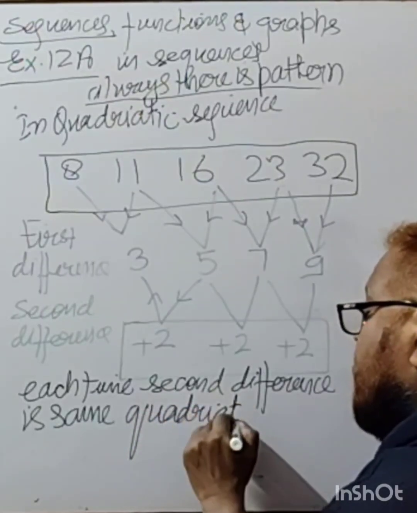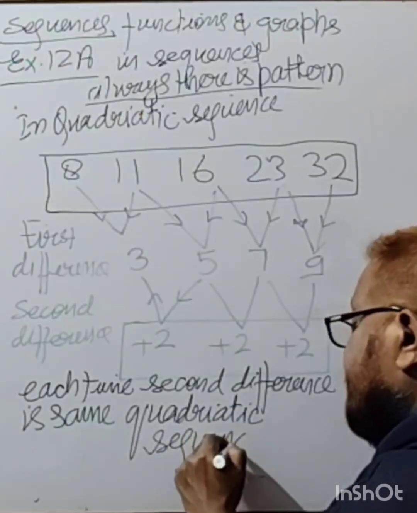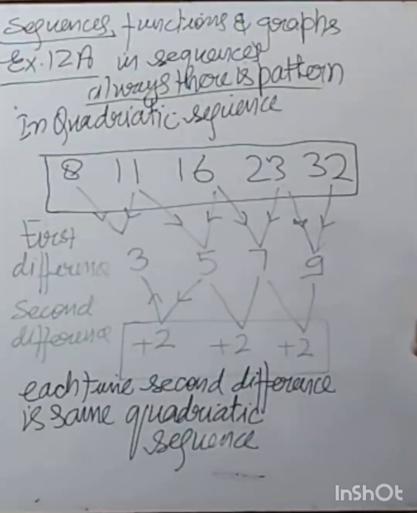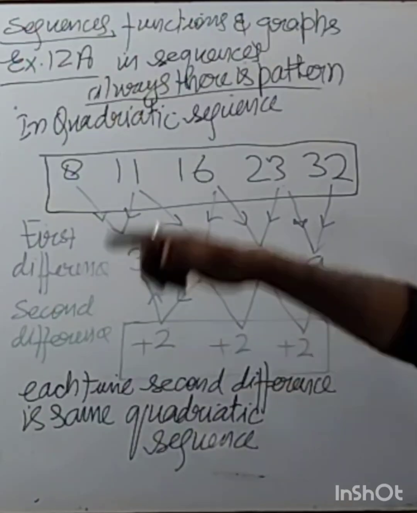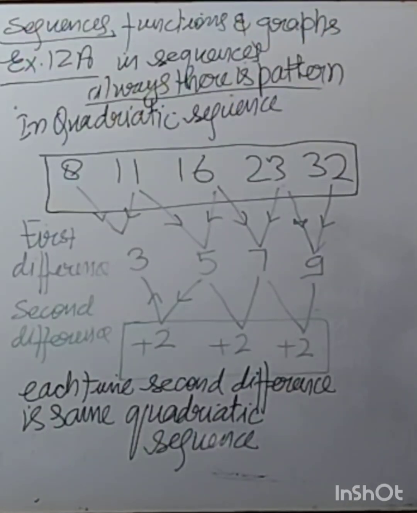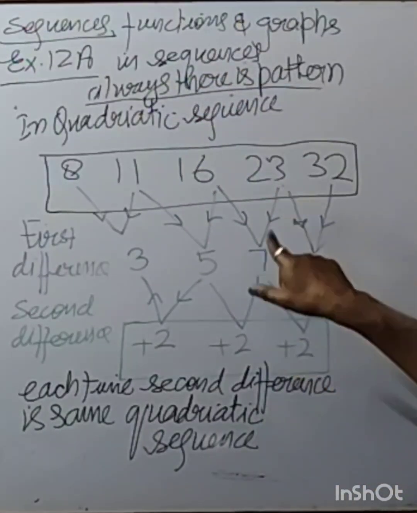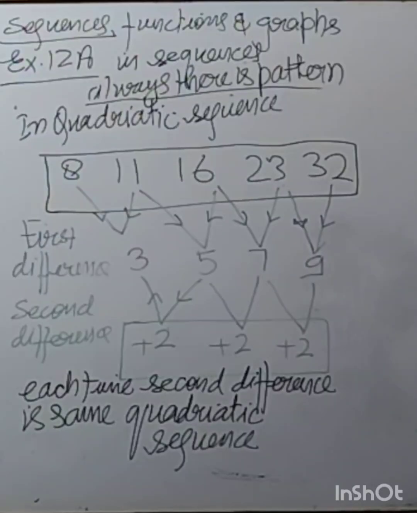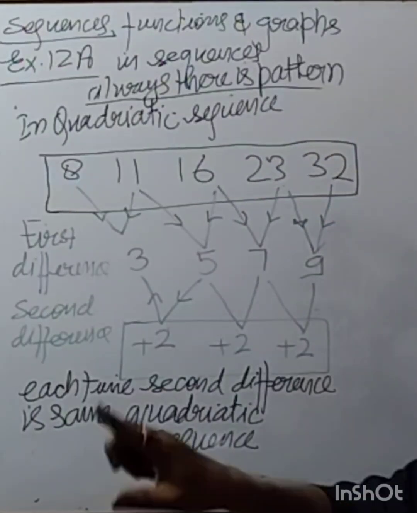Do you understand this? So we have a linear sequence, a geometric sequence, and a quadratic sequence. A quadratic sequence is like this. Should I rub this?